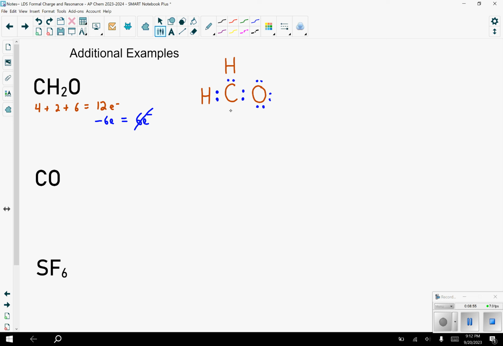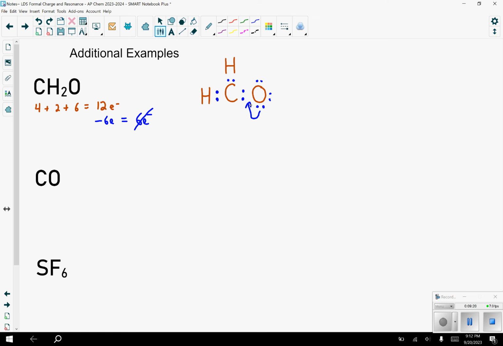Well, my central atom does not have an octet. The carbon only has 6 electrons around it. And so you can look at the steps, and it says, if the central atom does not have an octet, form a double or triple bond by moving electrons in from the outside atom and placing them around the central atom, in which case we are going to form a double bond.